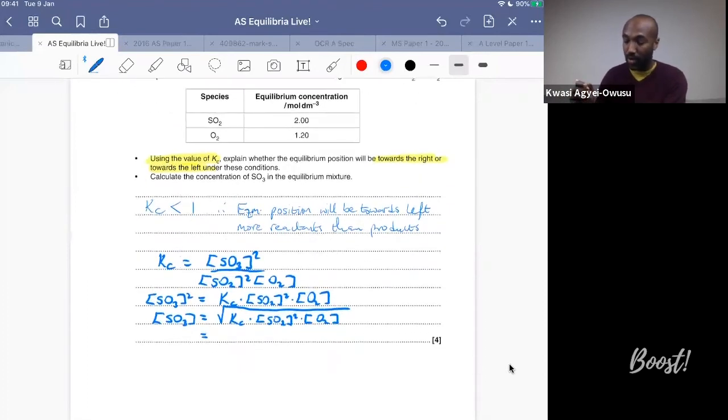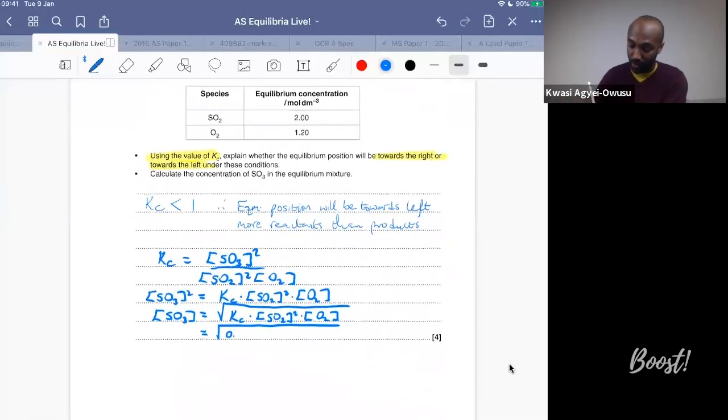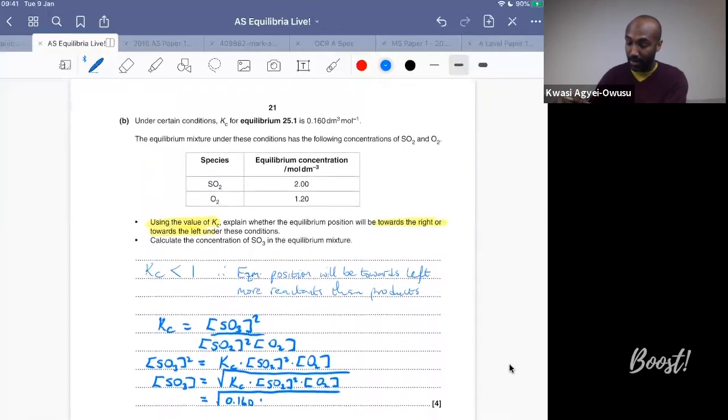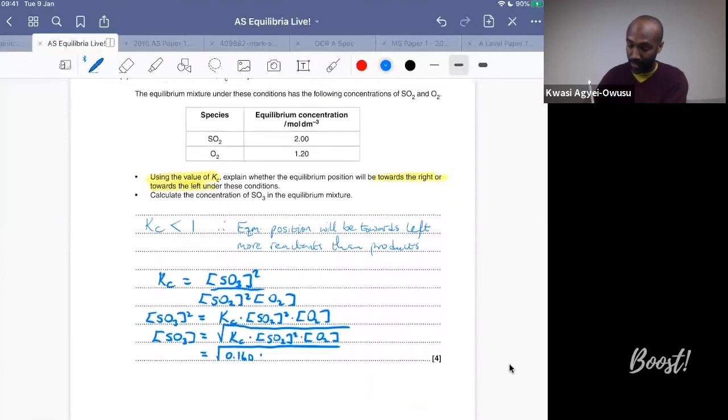Okay, so we want the square root of Kc, which we're told is 0.160, times the square of SO2, which is 2 squared, so 4, times 1.2.